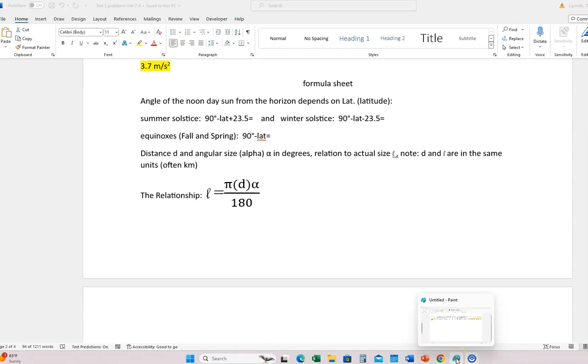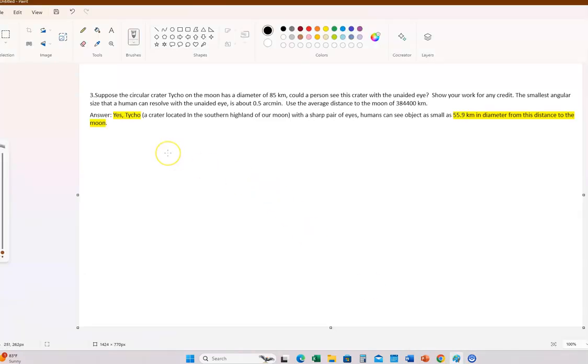For question number three, here's what it says. Suppose the circular crater Tycho on the moon has a diameter of 85 kilometers, which we know is the size of Tycho. Could a person see this crater with the unaided eye? Show your work for any credit.